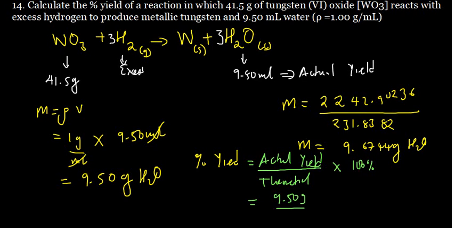The theoretical is 9.674 grams. Then multiply that by 100%. That is 9.5 divided by 9.67 times 100%. This is going to give us about 98.2 percent as the percentage yield of the reaction.